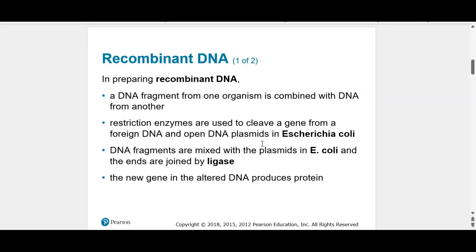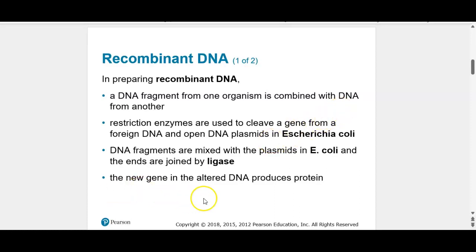So what you do is you take a piece out of the E. coli plasmid, and then you replace it with a piece that you cut out of a genome that has a gene that you want to express, and you react these with a ligase, which then puts these pieces together, and when you see the diagram, it'll become clearer.